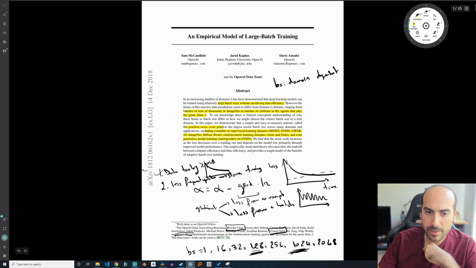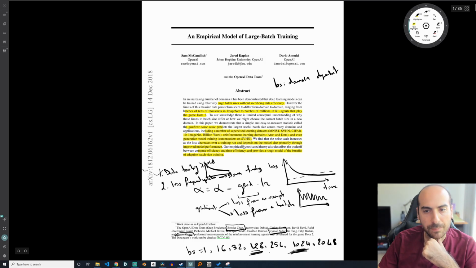We find that the noise scale increases as the loss decreases over a training run and depends on the model size primarily through the model. Our empirically motivated theory also describes the trade-off between compute efficiency and time efficiency and provides a rough model of the benefits of adaptive batch size training.